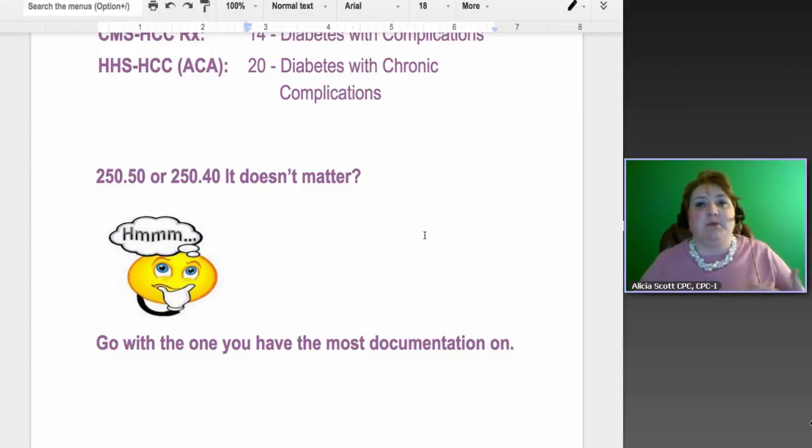But maybe if you're being told only capture one diagnosis in each category and you have 2 to collect, I would go back and see, which do I have the most documentation on?